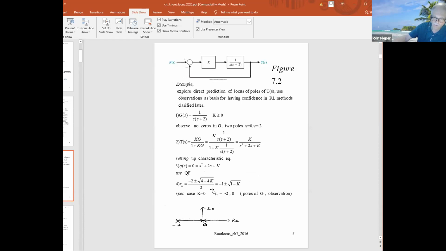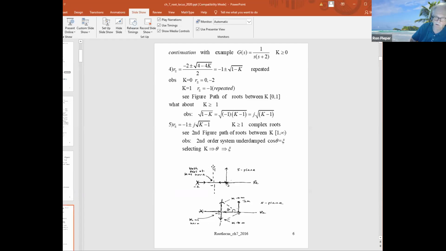Repeating our general result here for the quadratic formula in terms of k for reference purposes, which we saw came out to be that. We then can look at it and say, well, we can see what is happening between the values k equal to 0 and k equal to 1, because there's no place in there that this is negative.